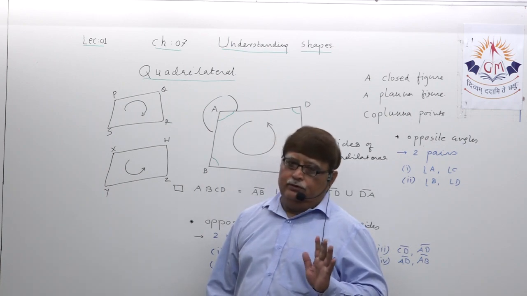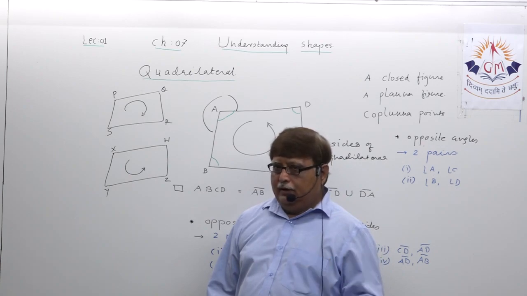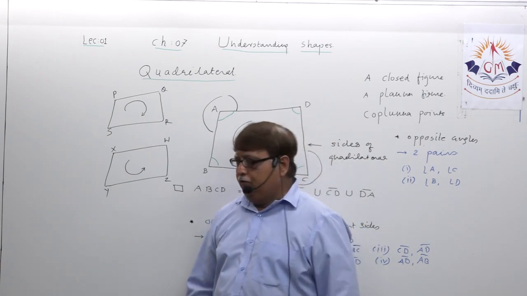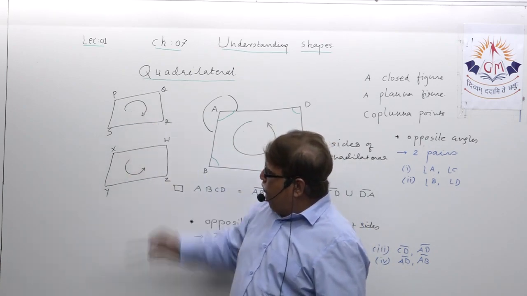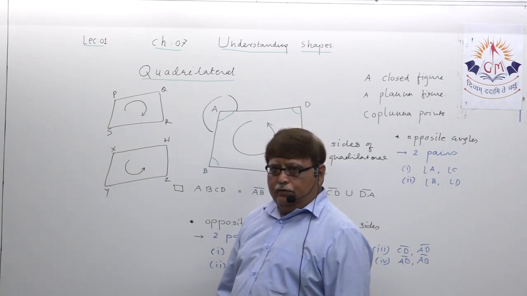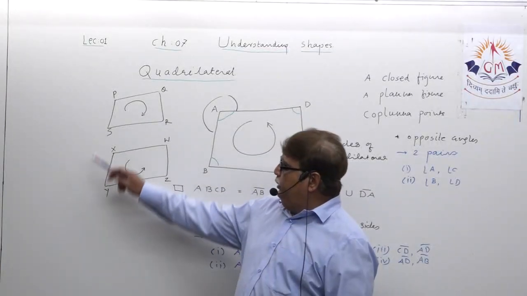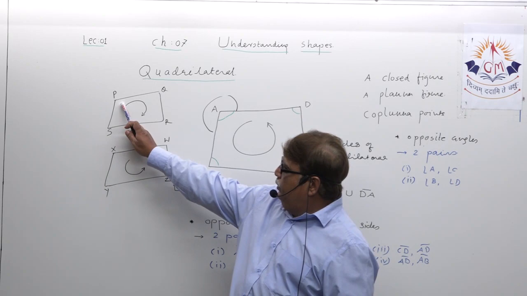You can name it any way, but when you name any quadrilateral, you have to maintain the sequence. Either you may move clockwise or anti-clockwise. That's your choice. Suppose I ask you in this quadrilateral, please give the names of two pairs of opposite angles. Start speaking.